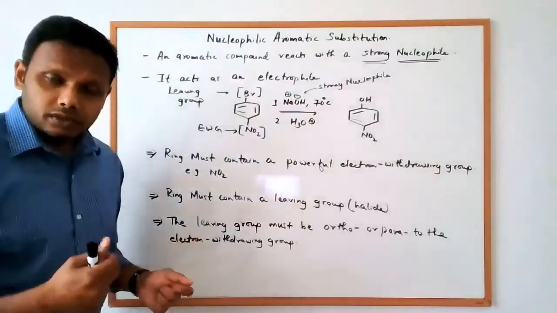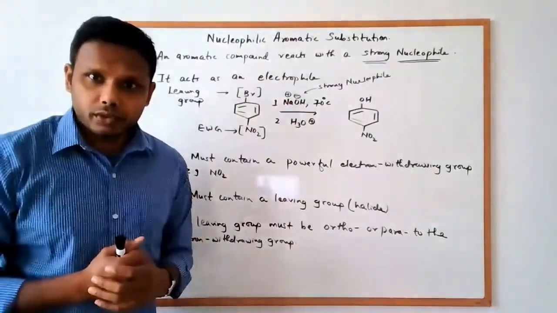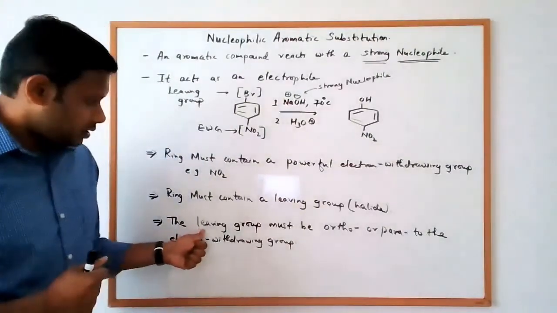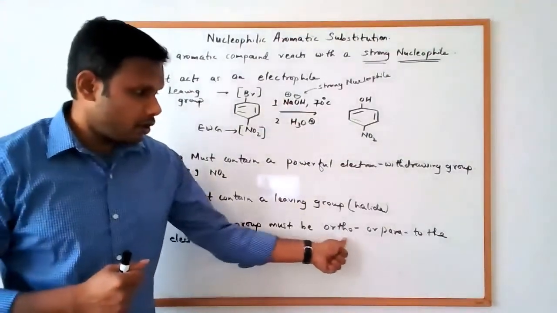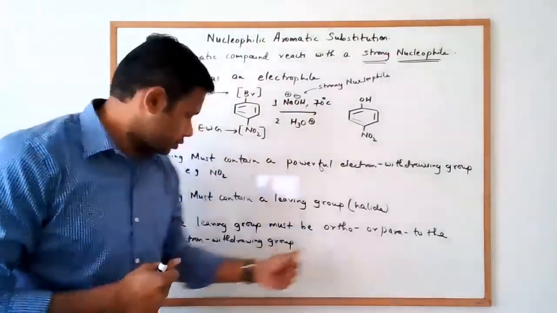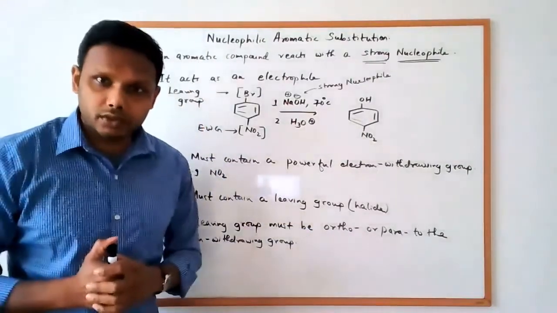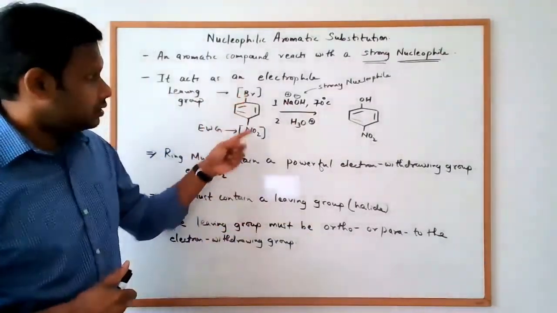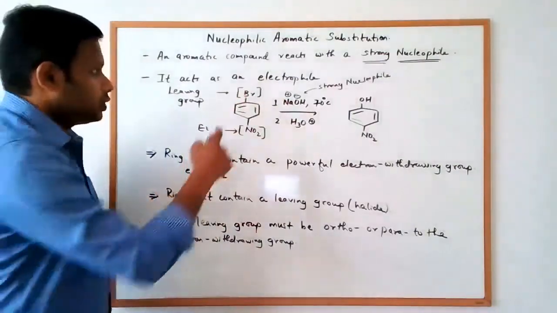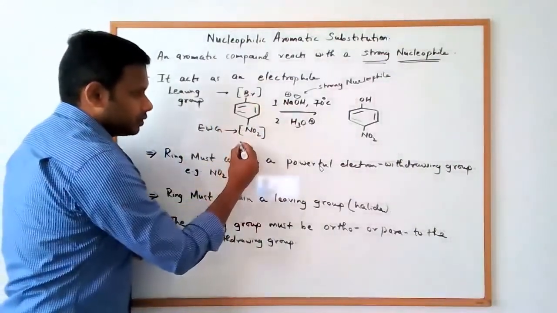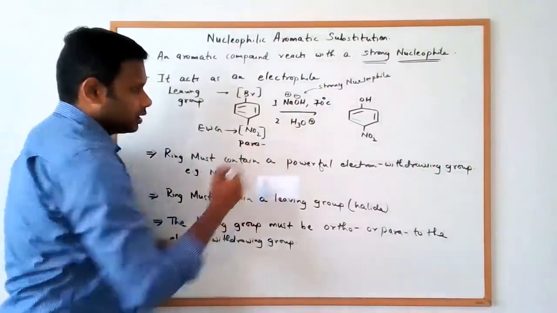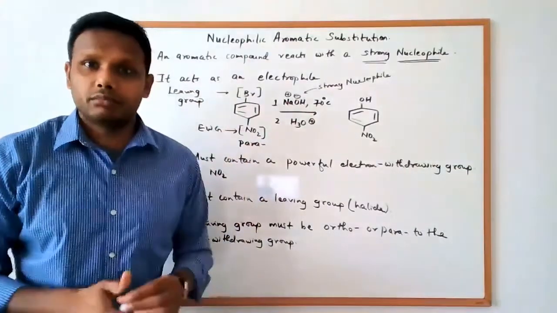And the third and the most important criteria here is that the leaving group must be ortho or para to the electron withdrawing group. So notice in this particular molecule, the relationship between the leaving group and the electron withdrawing group is para.